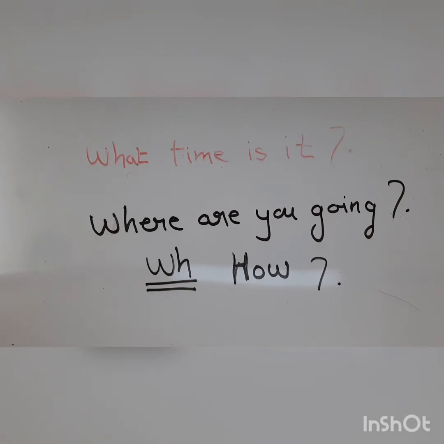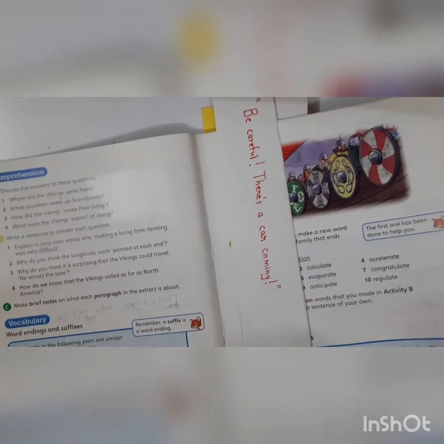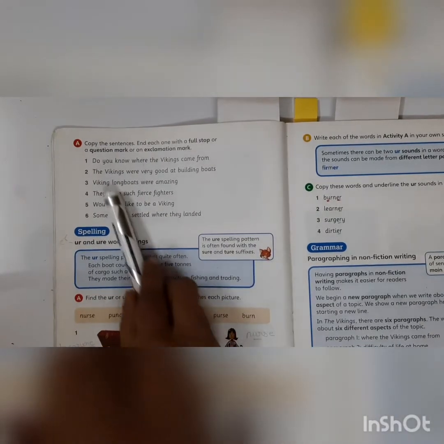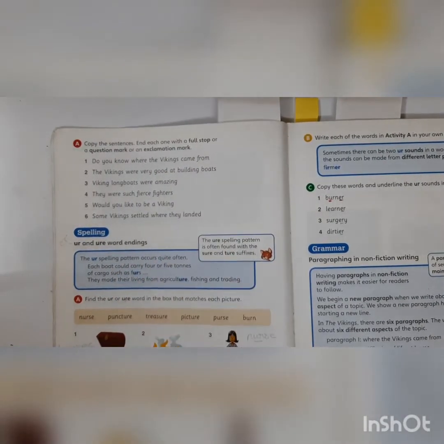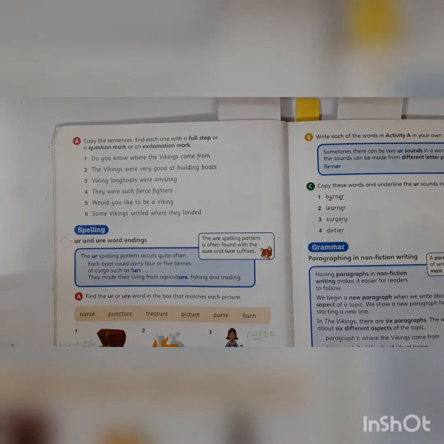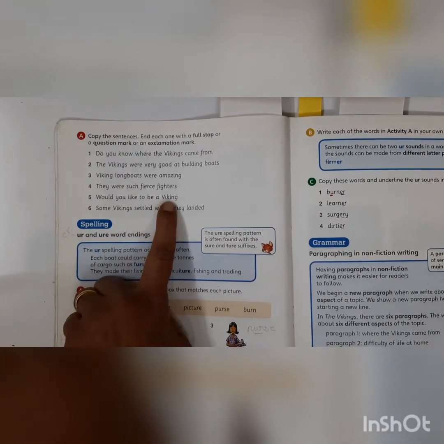Now children, look at this sentence. Where is it gone? Yes, it's here. Look at this. Do you know where the Vikings came from? There is no WH word here. Would you like to be a Viking?